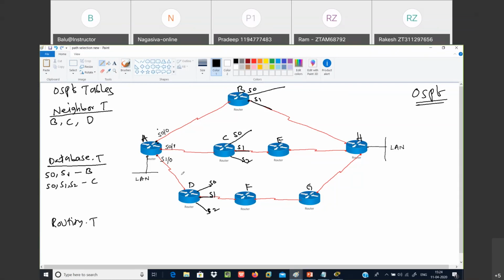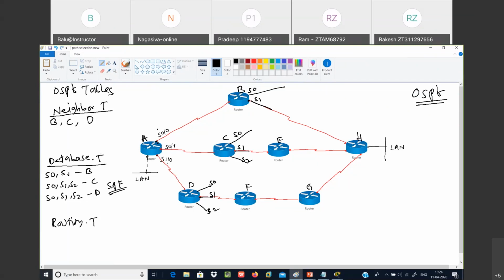Again, make a phone call to another friend, right? A is going to send a message to neighbor D, and D has an update. Neighbor table, serial 0, serial 1, serial 2 via D. So based on this information, I'm running the SPF algorithm.